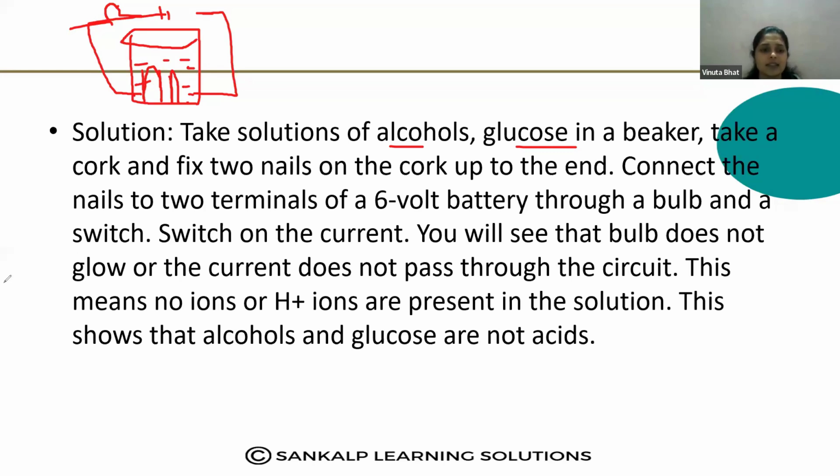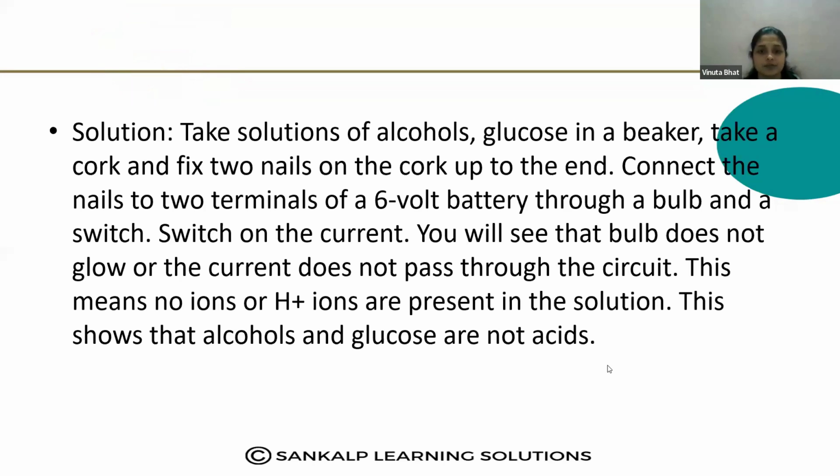If you take HCl or H2SO4, the bulb will glow because the H plus ions carry the current. So you can say that alcohol and glucose are not acids. That is the reason.